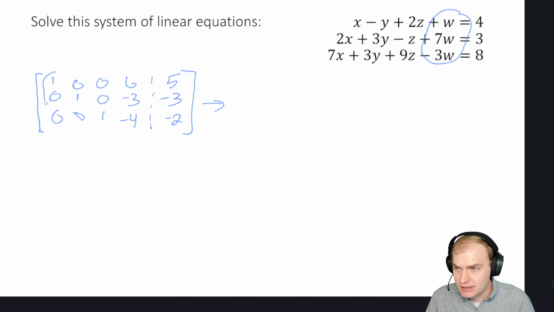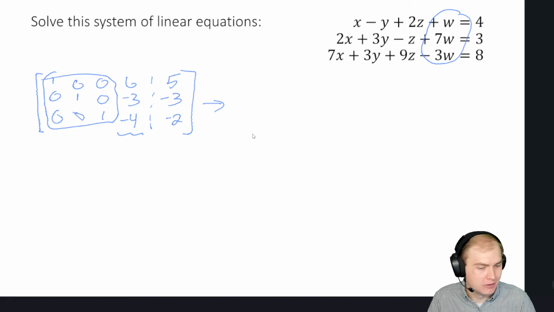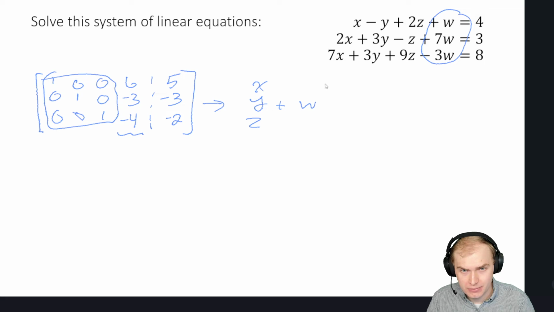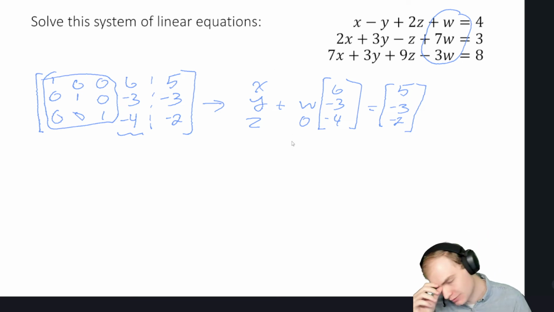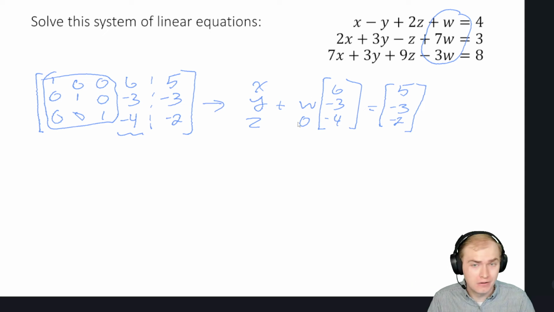We have our identity here, so it's in row reduced echelon form, but we have kind of a spare variable here. So we get that x, y, and z plus w times some vector. Clearly if we let w equal 0, we have the same solution as before. That same solution is still feasible. But w can be any real number.